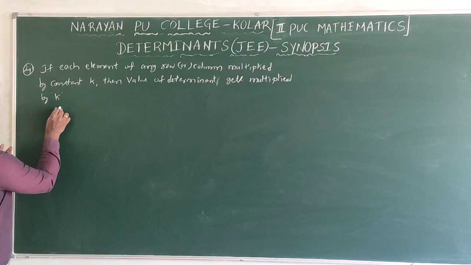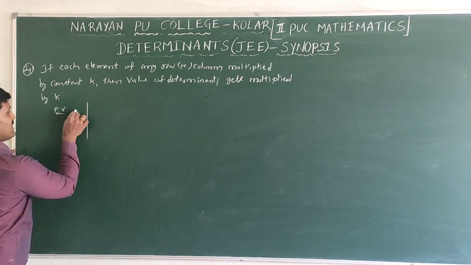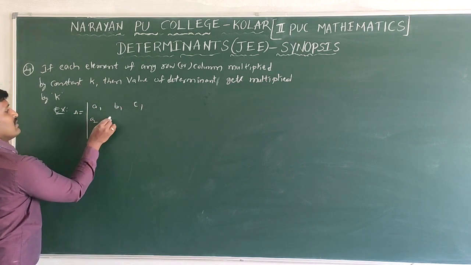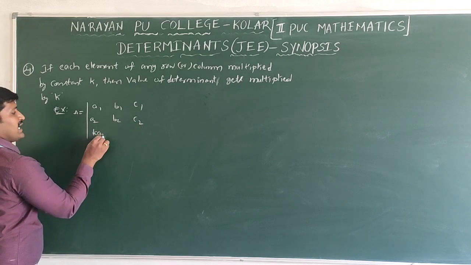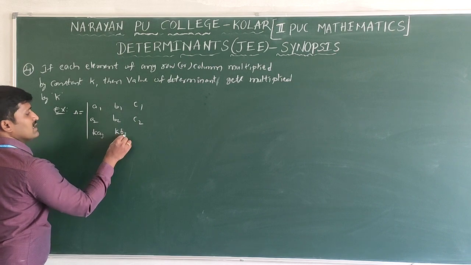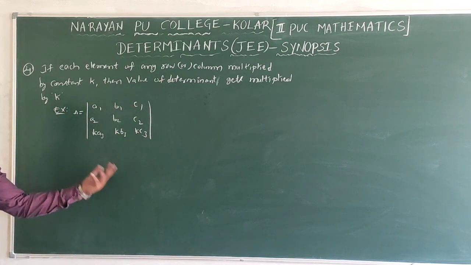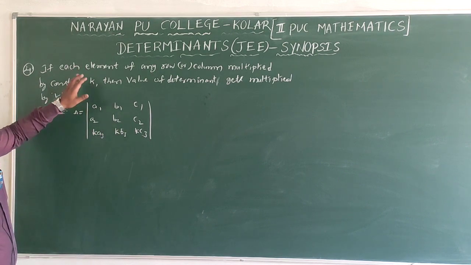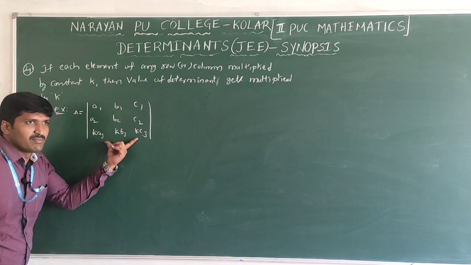For example, there is a delta like this: A1, B1, C1, A2, B2, C2. Here I am taking KA3, KB3, KC3. From any column or row, we can take some common factor. Along which row is the constant multiplied?